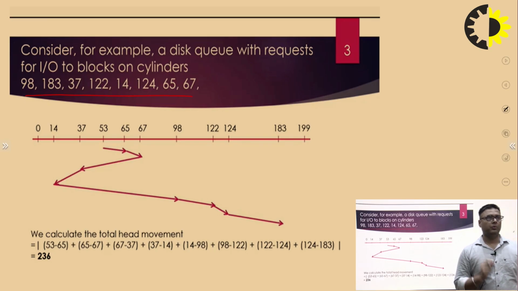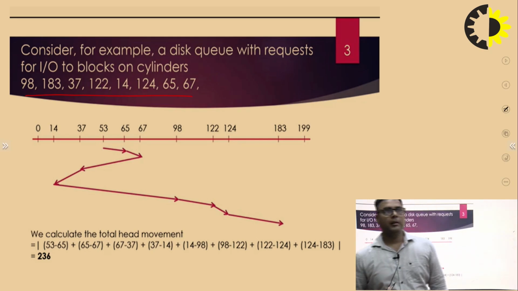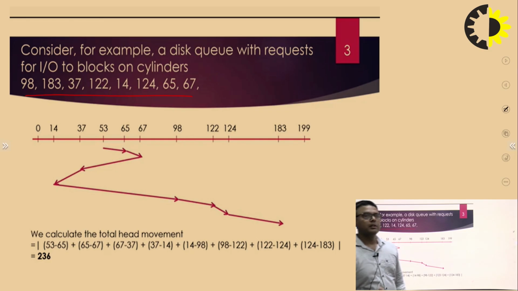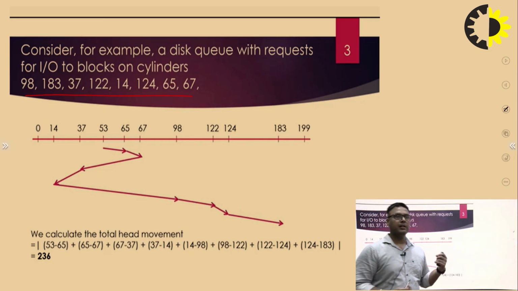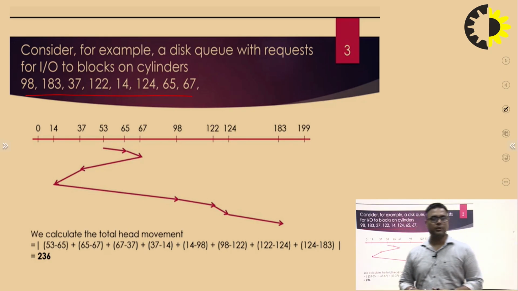From an exam point of view, this scheduling is most important. Most of the time in university papers, the number of questions from this scheduling section is maximum, around 7 marks or 10 marks every time.